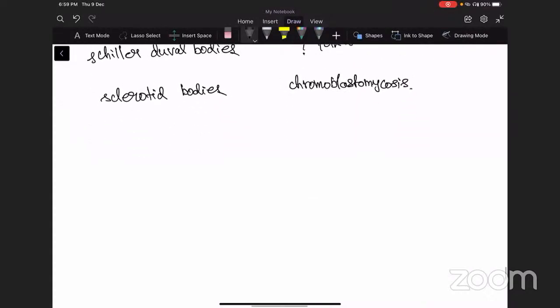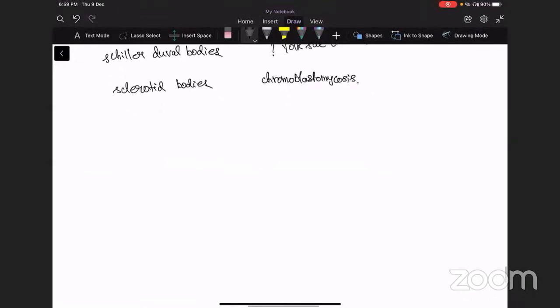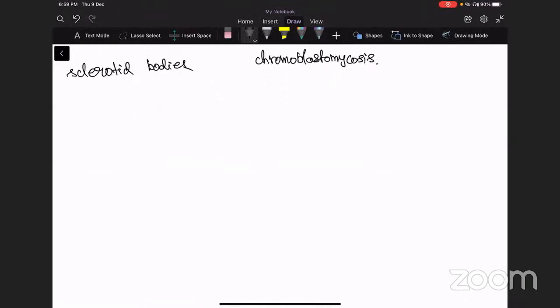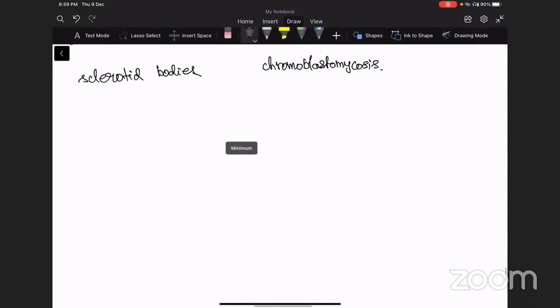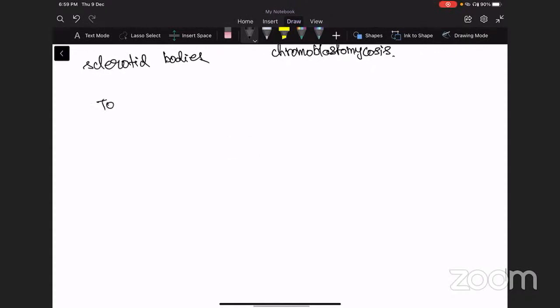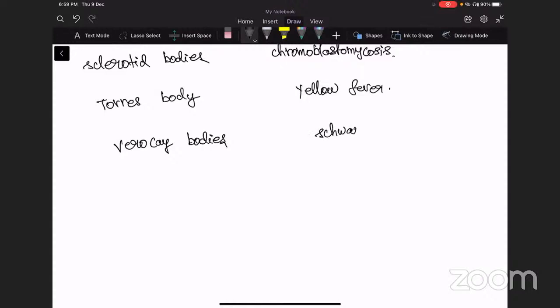Schiller-Duval bodies are seen in yolk sac tumor. Correct, Karishma, yolk sac tumor, YST. Sclerotic bodies are seen in chromoblastomycosis. Torres bodies are seen in yellow fever. Verocay bodies seen in schwannoma.